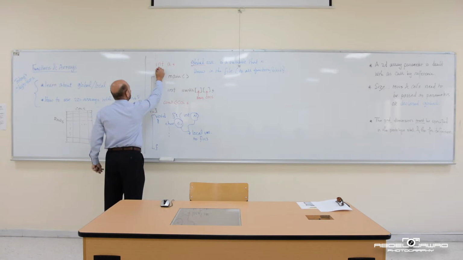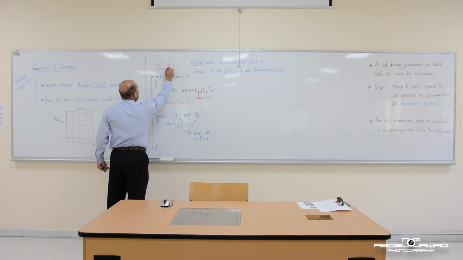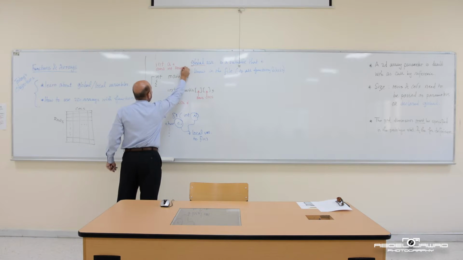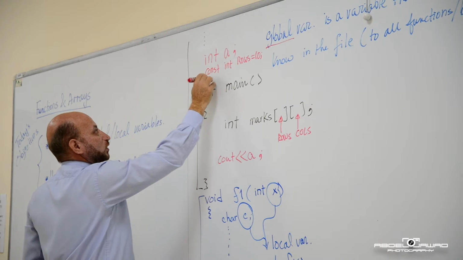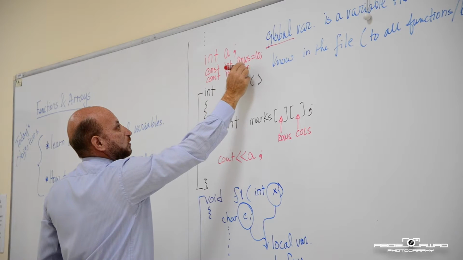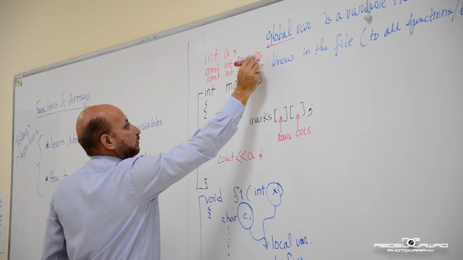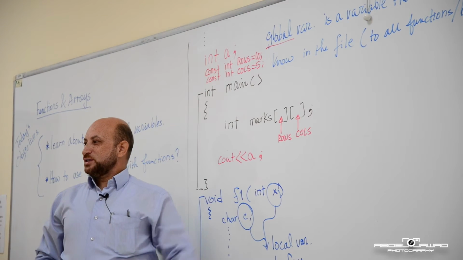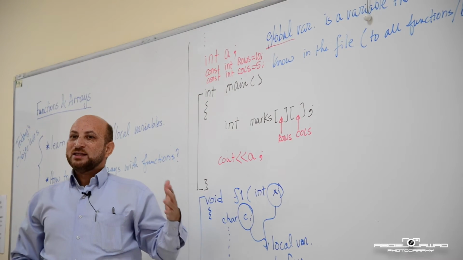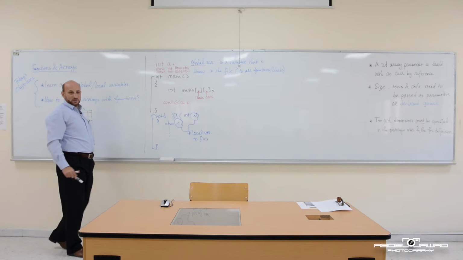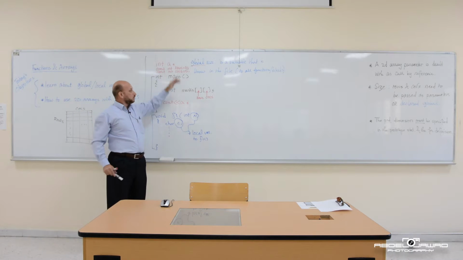So constant integer rows equals, and constant integer columns equals. Very good. Now, we can use these two constants anywhere inside my program, and that can facilitate using functions with 2D arrays. That's why we need the global variables.